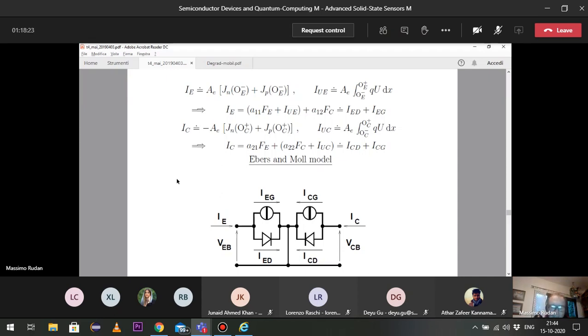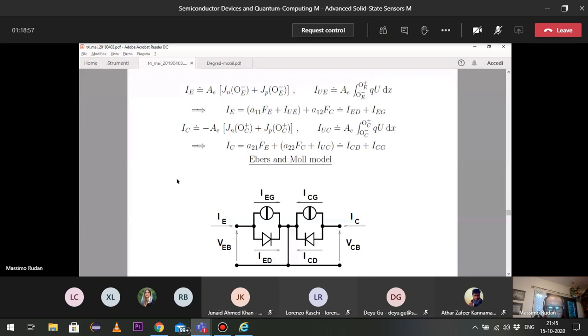The other branch in parallel to it, that is called I_CG, is a current that is controlled by the voltage applied on the other side. It is proportional to F_E, so F_E depends exponentially on V_EB. So I_CG also is a voltage controlled current generator, okay?